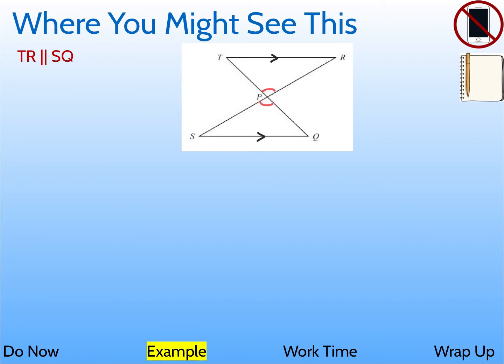So with this, the red ones, we have vertical angles that are always congruent. So we have angle RPT is congruent to angle SPQ. Whoops, I forgot angle. Let's try again. Angle SPQ. There we go.